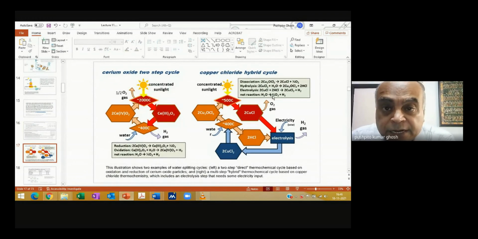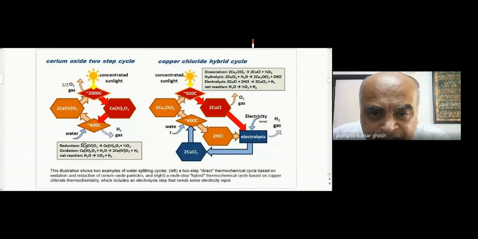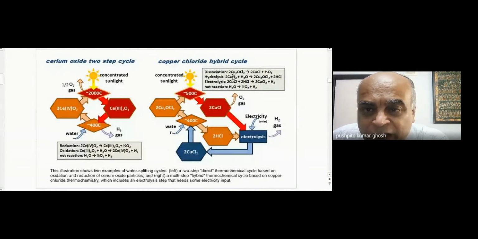All right. Now, this is another scheme where the temperature requirement has been brought down to 500 degrees centigrade. There are certain similarities between the two. Now, here, what you're doing is that you are first taking this compound, Cu2OCl2, two of them, just like here, 2 molecules.